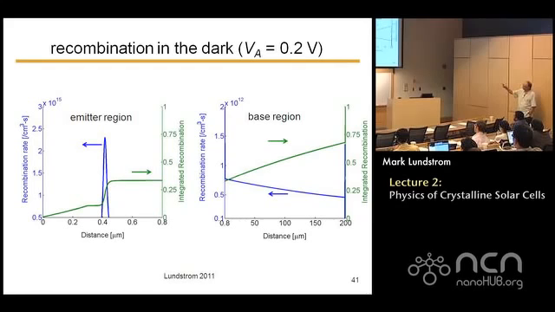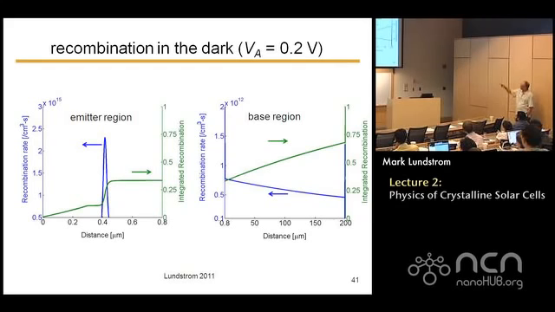Remember, the n plus layer ends at 0.3 of a micron, and then the depletion region is about 0.3 of a micron thick, so it goes out to 0.6 of a micron. So I have a sharply peaked recombination right in the middle of the depletion region. And you can see that even though it's sharply peaked, it's not contributing. This is a very high lifetime silicon solar cell, so it doesn't contribute a whole lot to the dark current, but I'm beginning to see it.